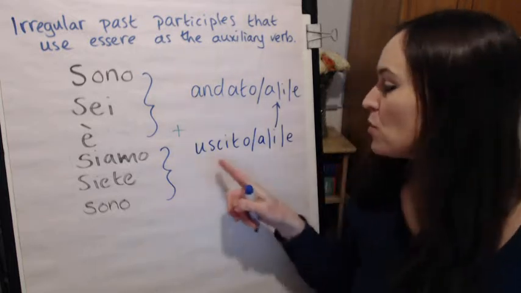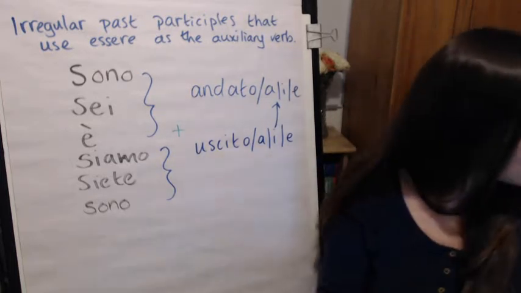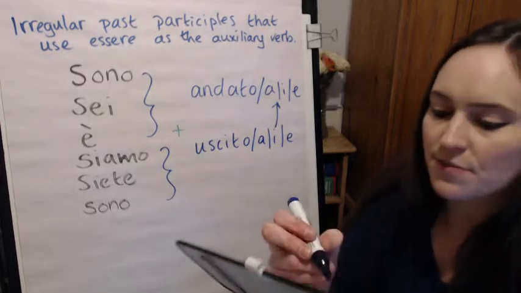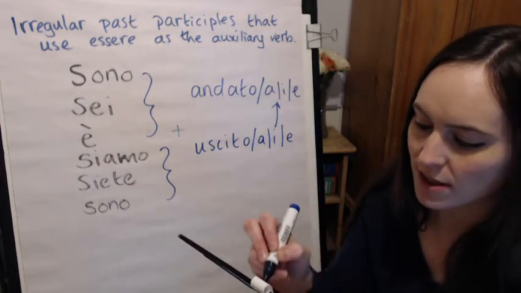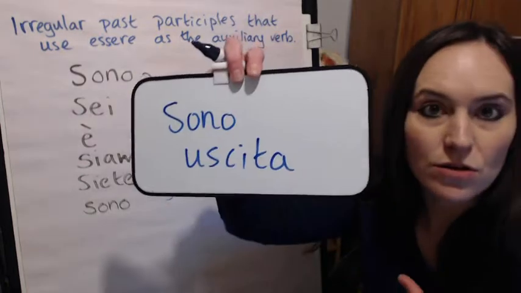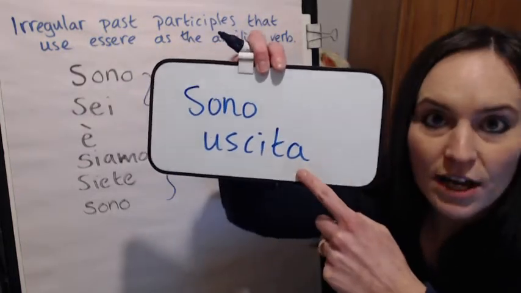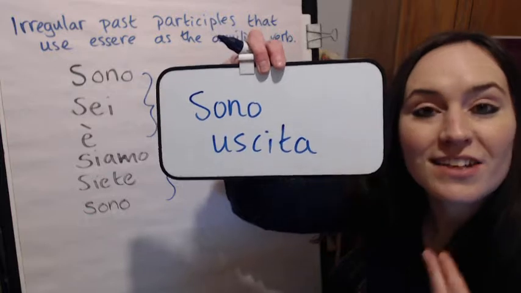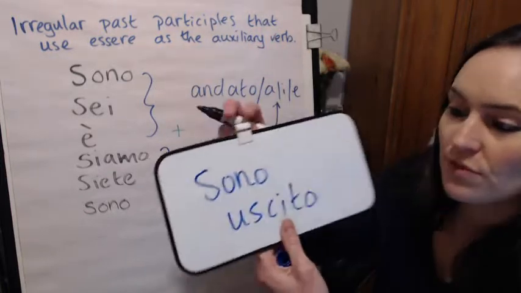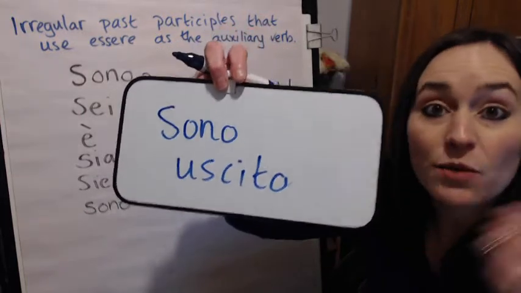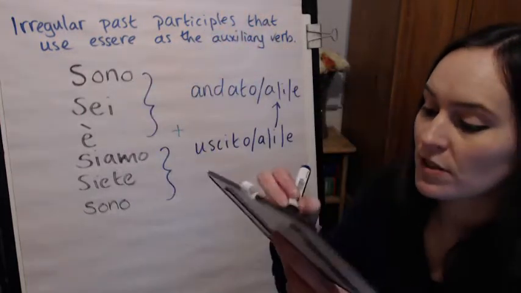Ieri, io sono uscita. So the ending, that's going to look like this. Sono uscita. Perché io sono una donna. Dunque c'è una e alla fine invece di uscito. Okay, that would be something that a male says. I went out. Sono uscito.